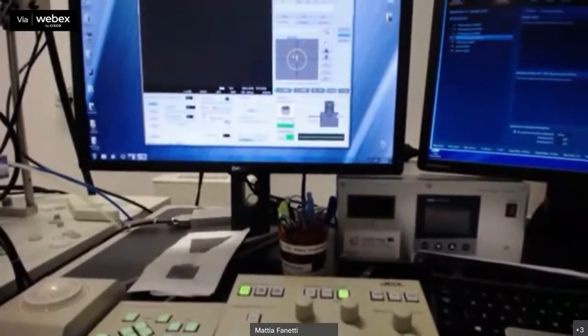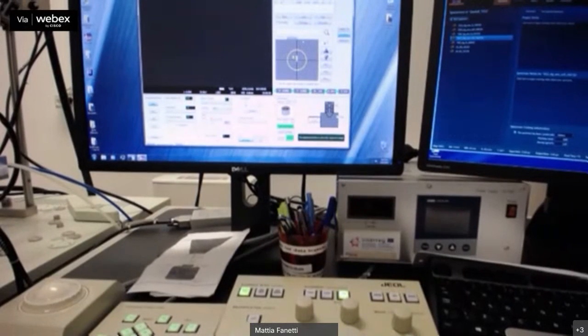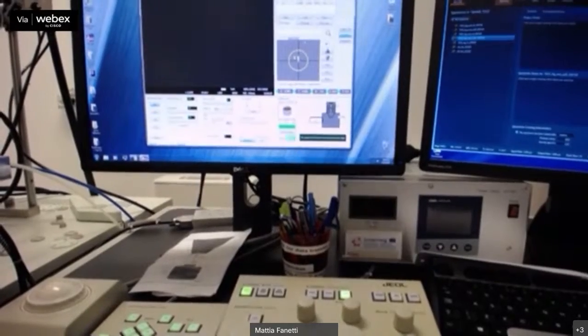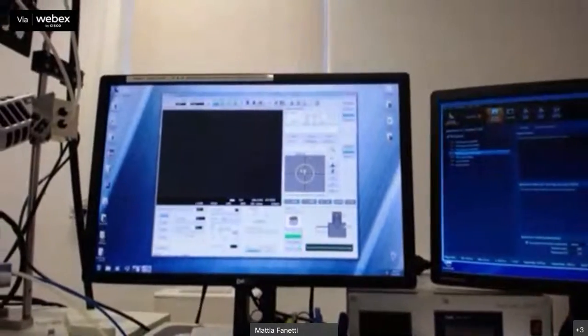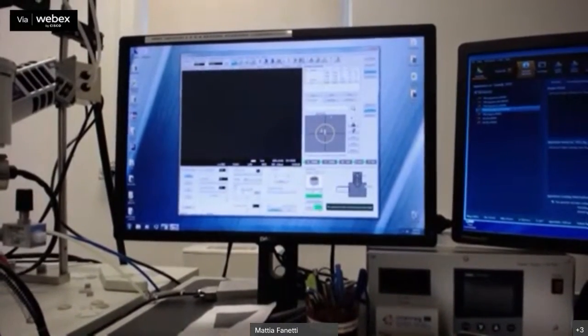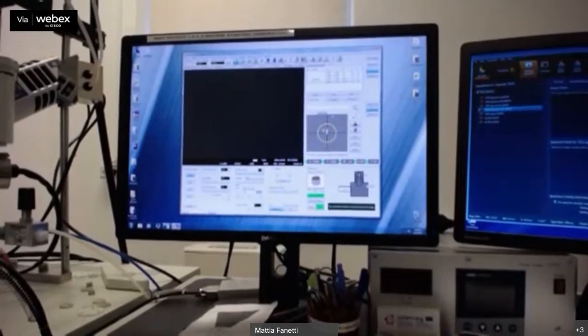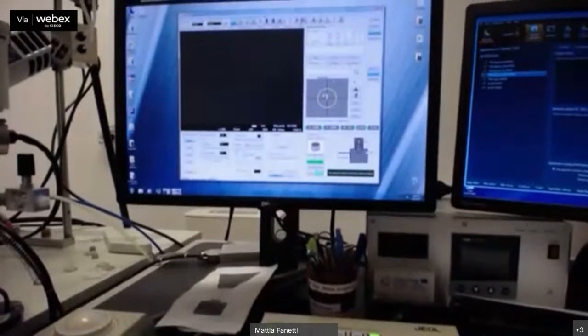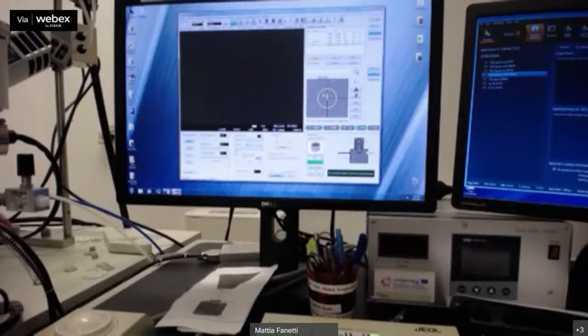This is the typical view inside the chamber.